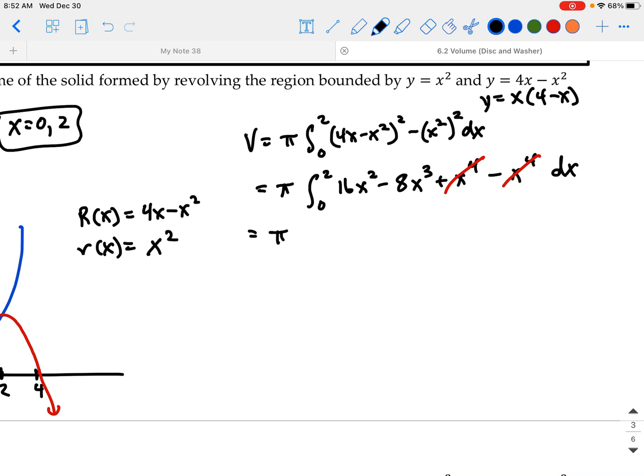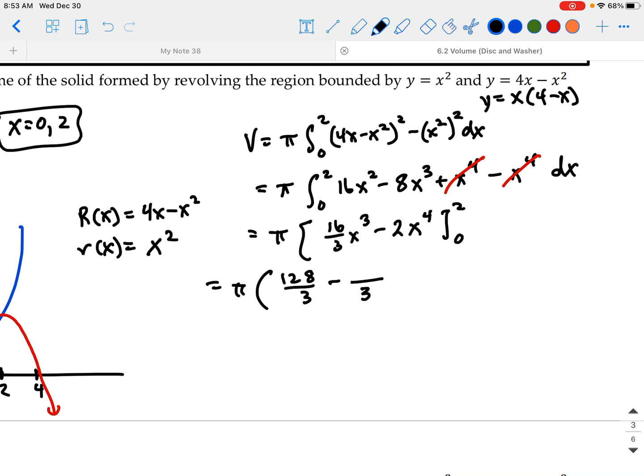And then we'll have pi, and we can integrate directly here. So we're going to have 16 thirds x cubed minus 2x to the fourth, from 0 to 2. Luckily, we're evaluating at 0, so we only really need to worry about at 2. So at 2, we'll have 16 times 8, which is going to be 128 over 3, minus 2 times 16, which is 32.